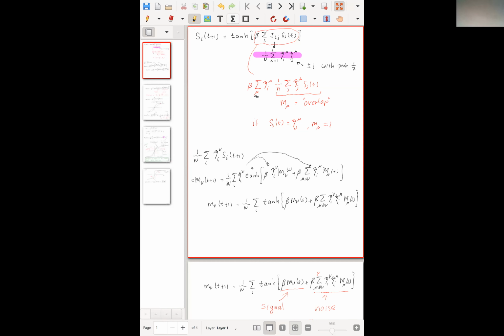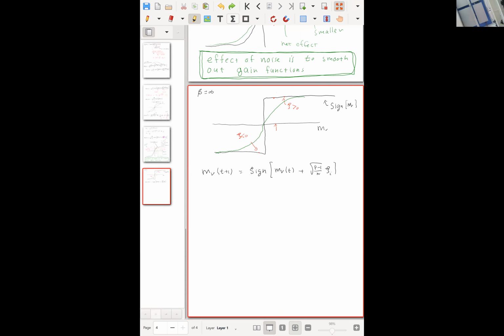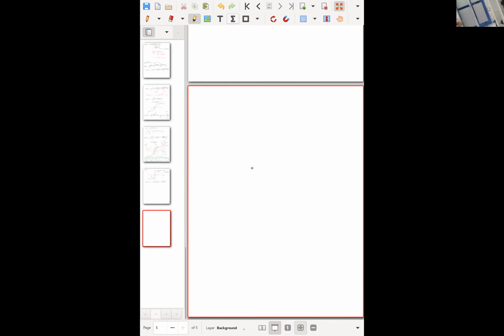But let's now fix that and consider something more realistic. I'm going to call things the firing rate of a neuron i. So the firing rate of neuron i, nu i, and now we're going to put all this together.